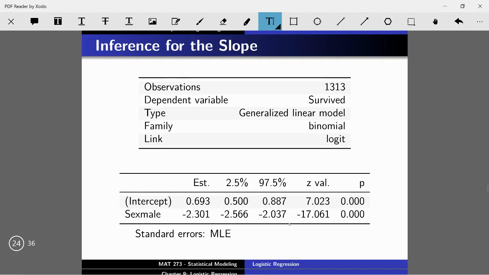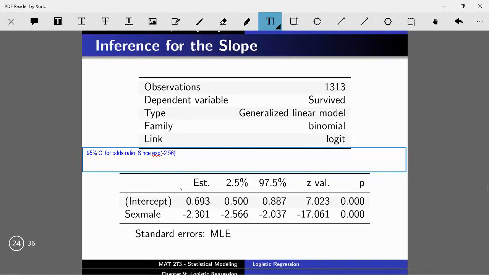And then we get a 95% confidence interval for the slope here. Let's say we wanted a 95% confidence interval for the odds ratio, because again, this is on the log scale. We would first exponentiate the bounds of the confidence interval.